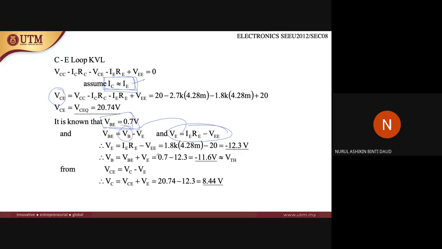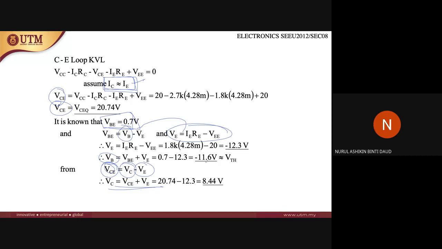Once you get the value of VB, next you can find the value of VCE. So VCE is based from this value, and VE is based from this value. Then you will get VC equals to this.